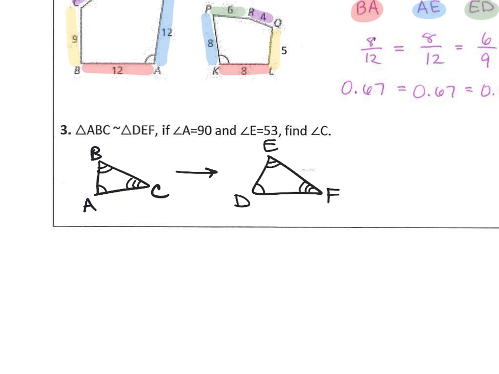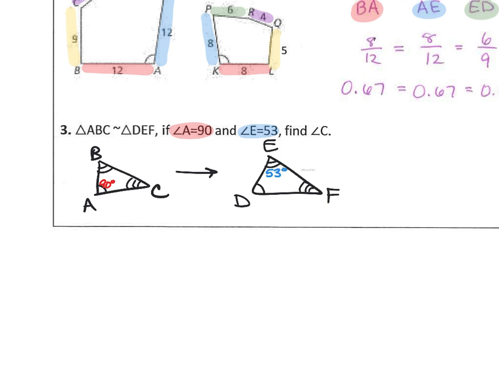I know that these triangles are similar, so I know that their angles have to be congruent. It goes on to tell me that angle A is 90 degrees. So I'm going to pop a 90 right there. It then also says that angle E is 53 degrees.